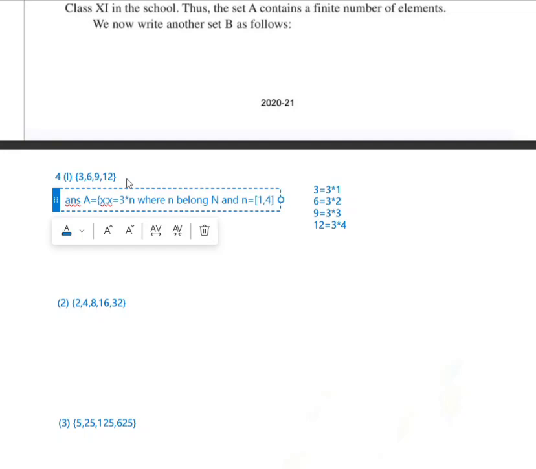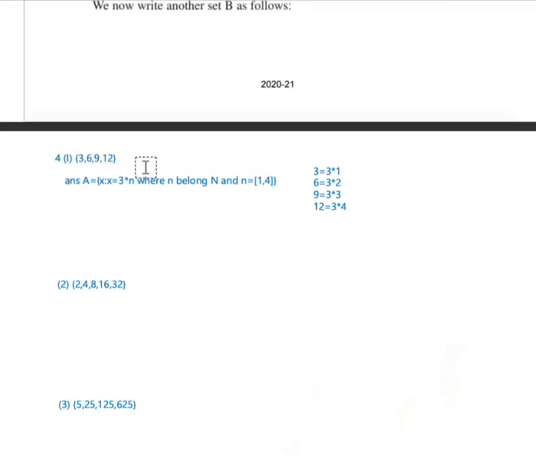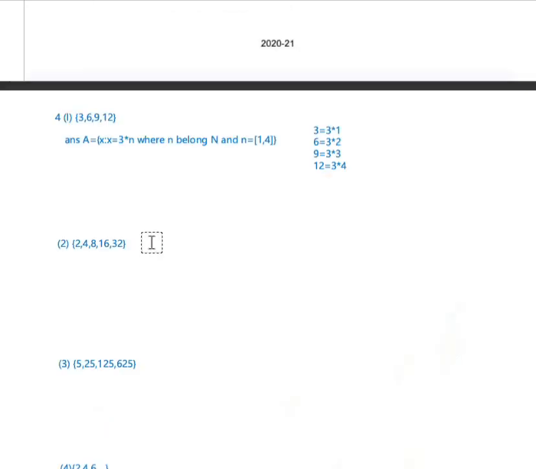If we write this 1 to 4, then this is the correct form. So it says x equals 3 into n, a multiple of 3, where n is a natural number between 1 and 4, like 1, 2, 3, 4. So n ranges from 1 to 4. This is the common property which all the elements follow.